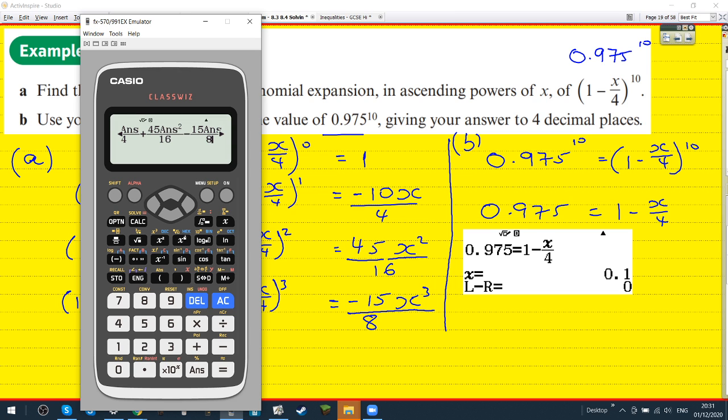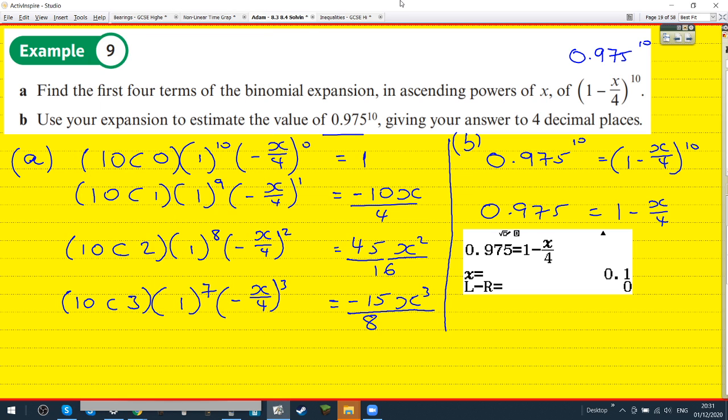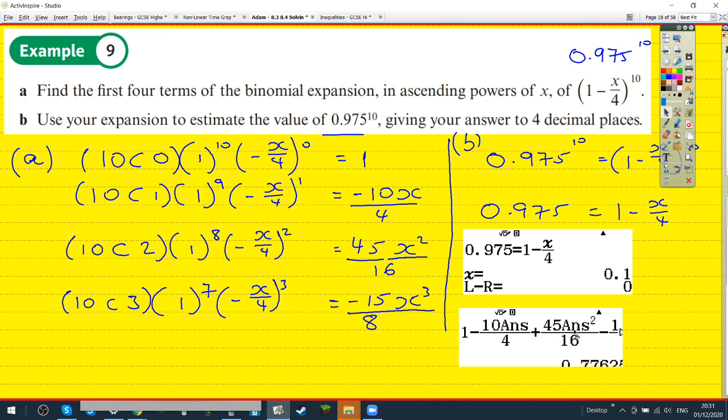So let's see. Overall, 4 decimal places. What would that be? 0.7763. So 0.7763.